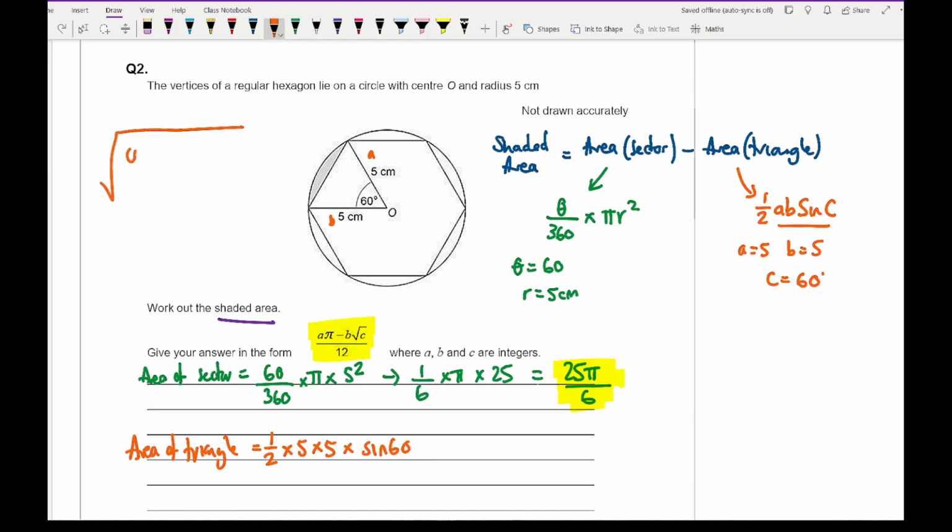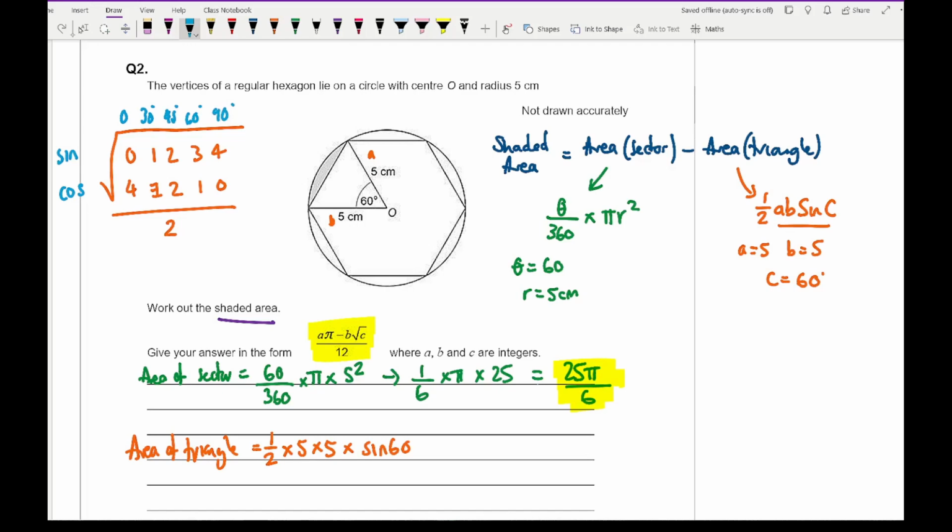If you're not too great with exact values of trig, there's a quick way of learning them. Here we've got 0, 1, 2, 3, 4, and 4, 3, 2, 1, 0, all over 2. We've got sine at the top and cos at the bottom, and this is 0, that's 30 degrees, that's 45 degrees, that's 60 degrees, and that is 90 degrees.